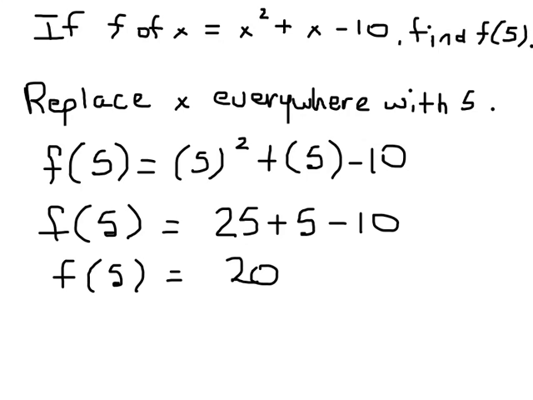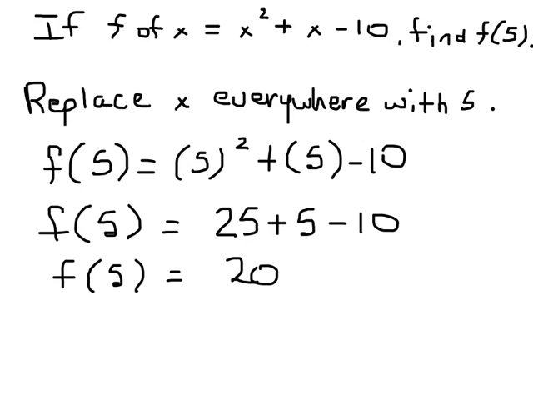Okay, some problems that we can work. If f of x is x squared plus x minus 10, meaning that's what it does, then find the function of 5. So everywhere we have an x, we're going to replace it with a 5.